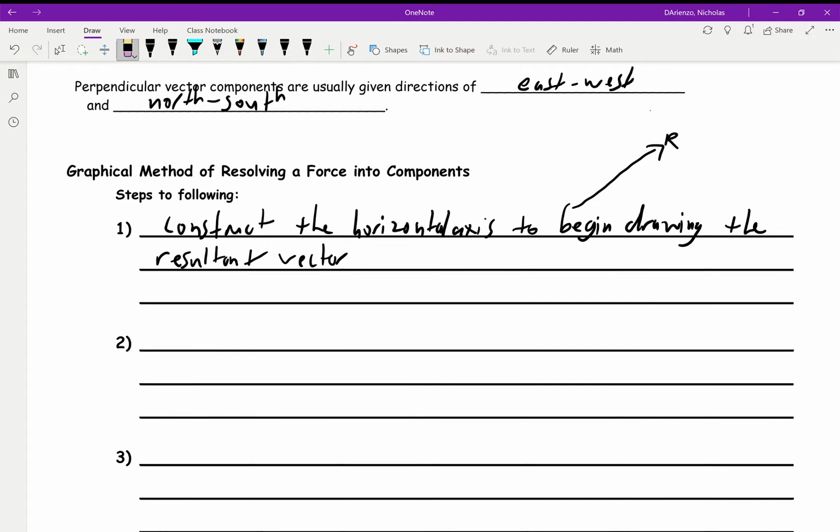So first thing we do here, and I'll get rid of this for now, so we were considering that vector. First thing we want to do is construct a horizontal x-axis. It's going to give us a starting point.